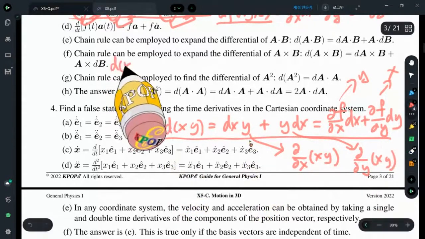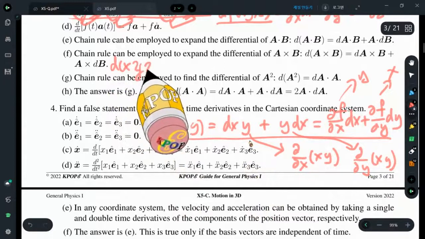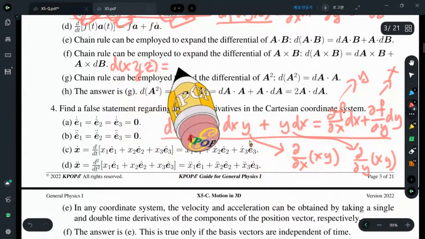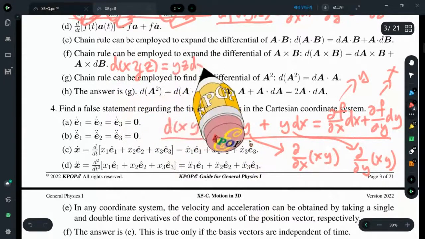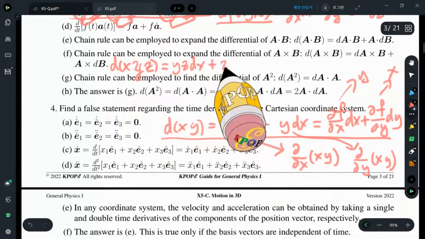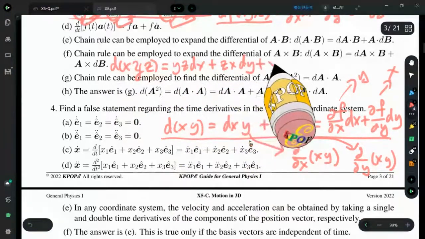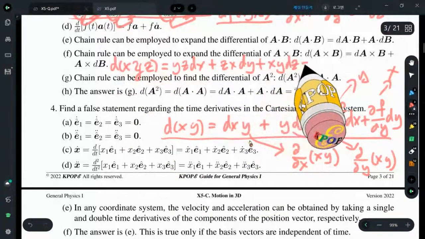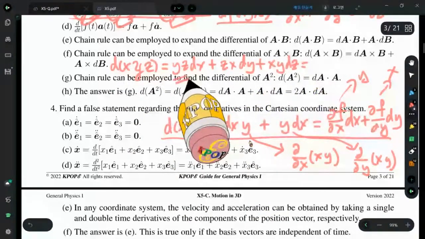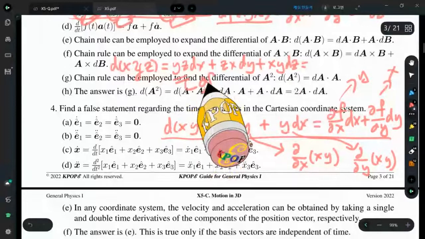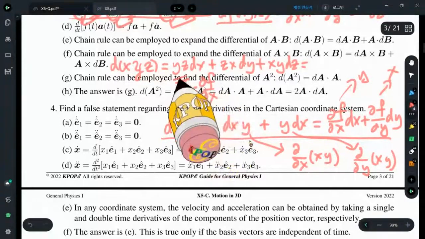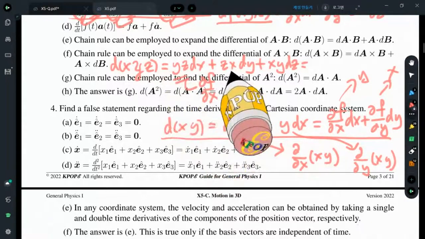What happens to the case d(xyz)? That is yz dx, zx dy, xy dz. And this one is actually the partial derivative with respect to x.